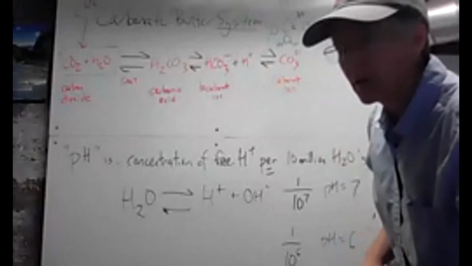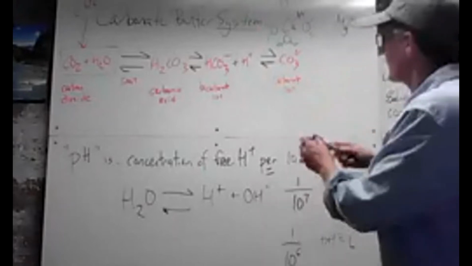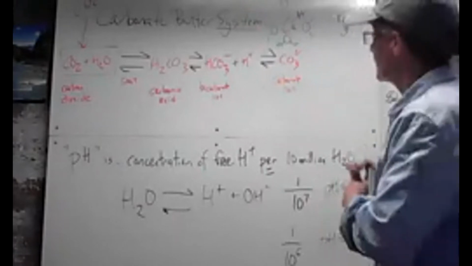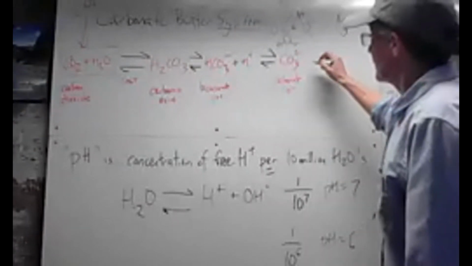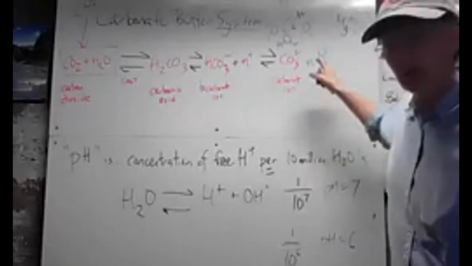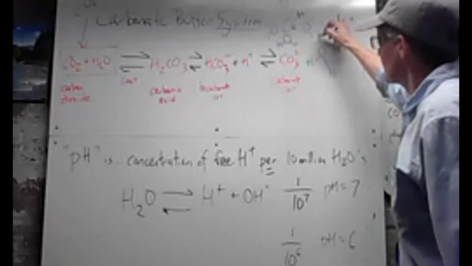Now, if you had a lot of extra protons here that were occupying the water molecules, the attention of the water molecule, right? So the water molecule has a positive side and a negative side. And if you've got extra protons in here, they could be floating around.